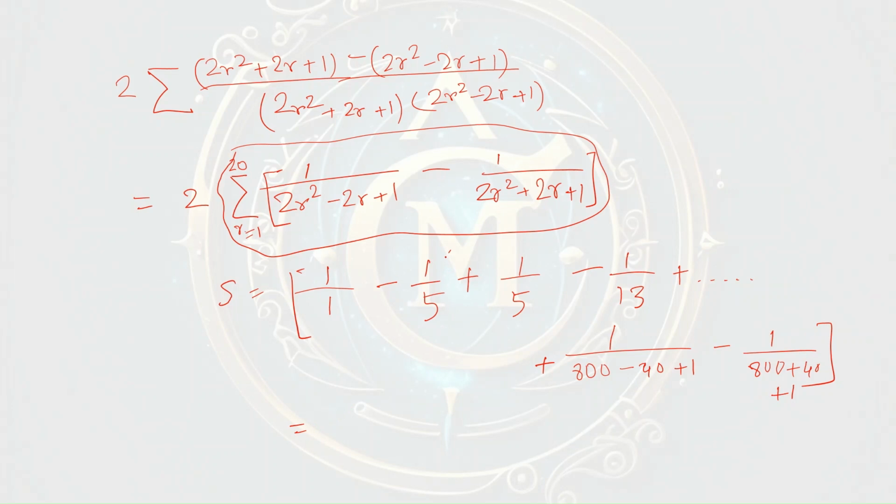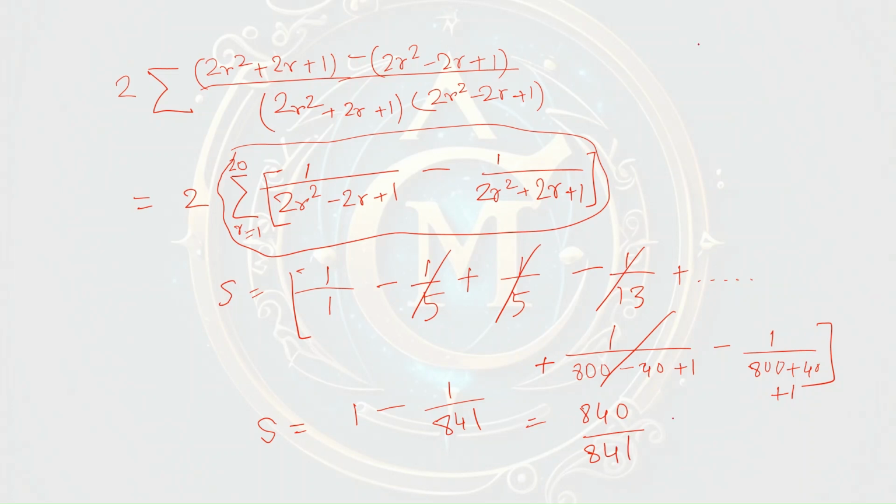So these terms will get cancelled, and we will be left with s equal to 1 minus 1 over 841, that is 840 divided by 841.